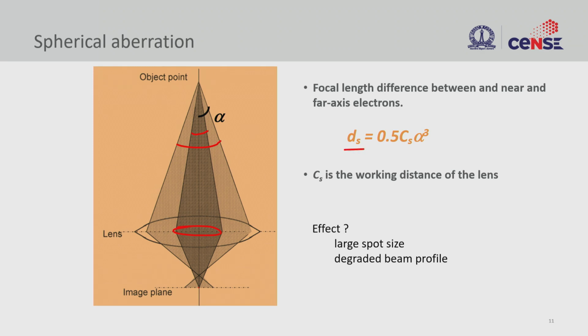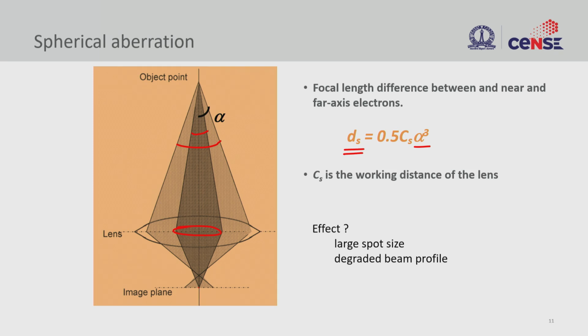That is determined by the working distance of the lens and the solid angle of the beam, as you can see here, it's alpha to the power of 3. So very quickly your spherical aberration can affect your focal spot size.